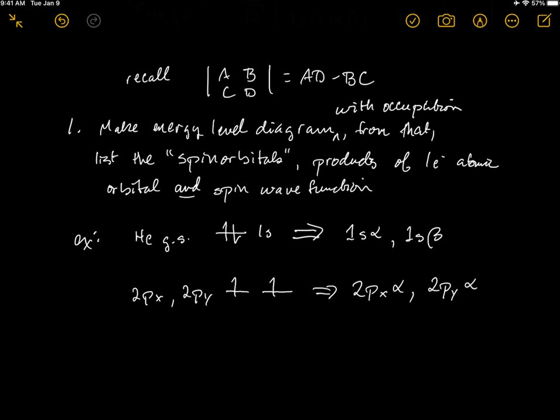That would be a spin-up electron in the 2px orbital and a spin-up electron in the 2py orbital. So it should hopefully be apparent that from whatever electronic configuration is given by an energy level diagram showing which electrons are in which orbitals, you can then generate this list of spin orbitals.